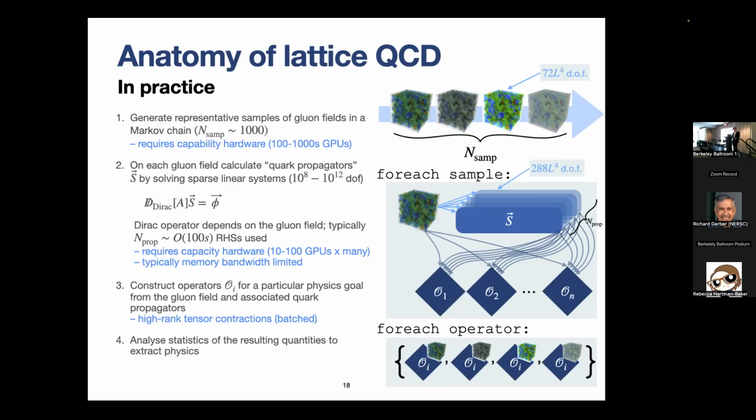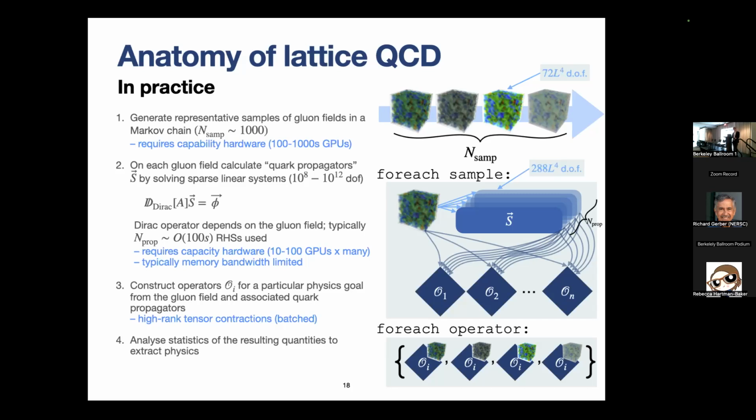We do that many times on each of these sample configurations. And this is somewhere where capacity hardware is more appropriate. You need to look at these systems many times, but each of them you can run on tens to hundreds of GPUs. And this part of the calculation is actually typically memory bandwidth limited.